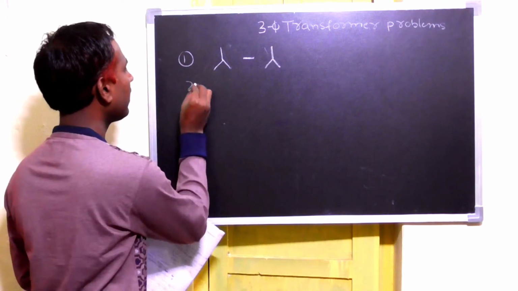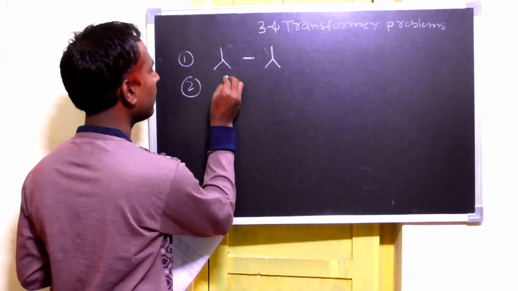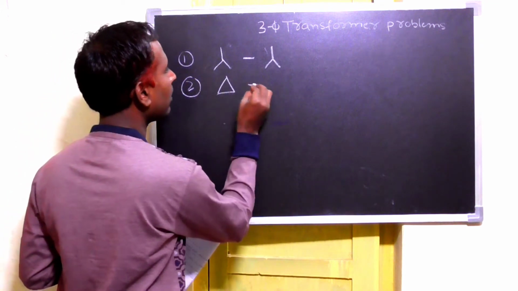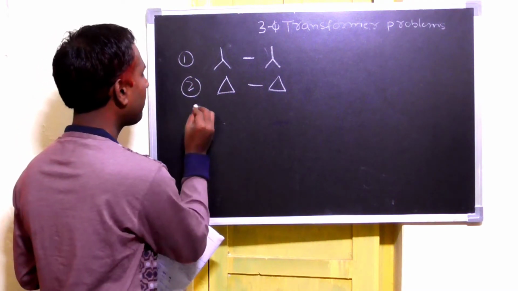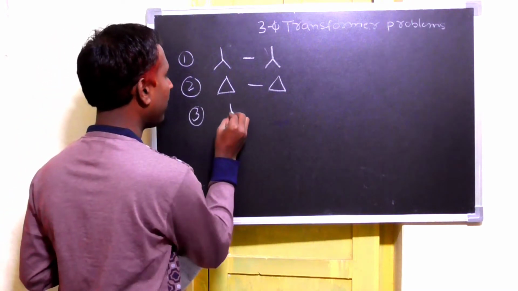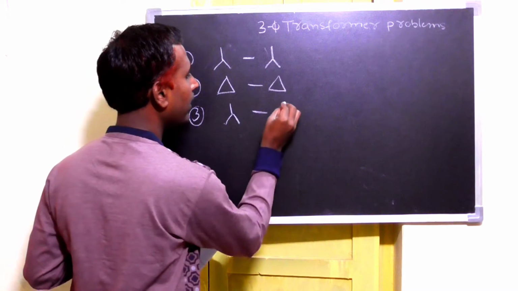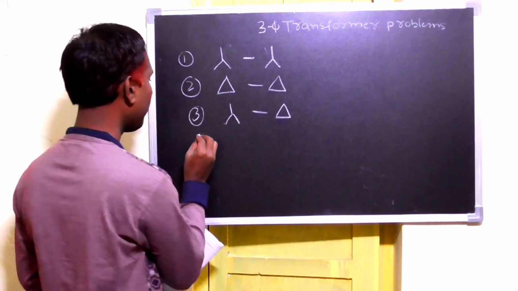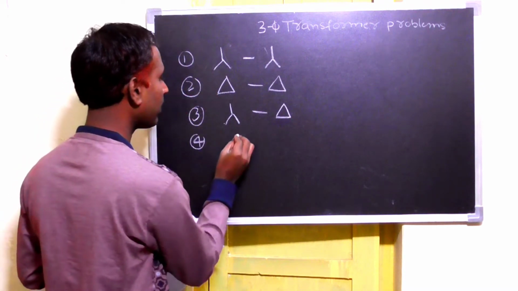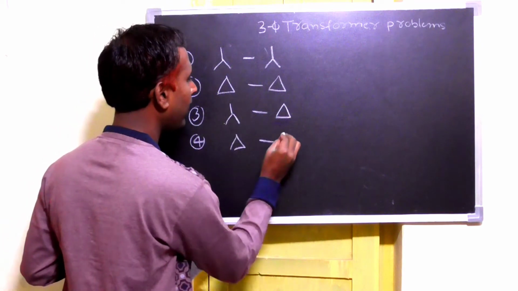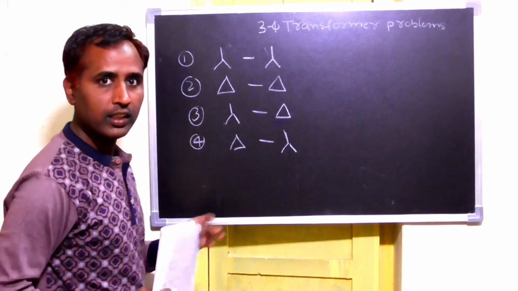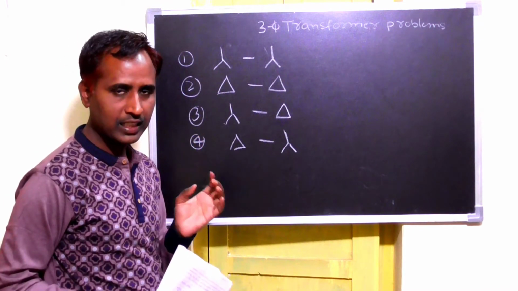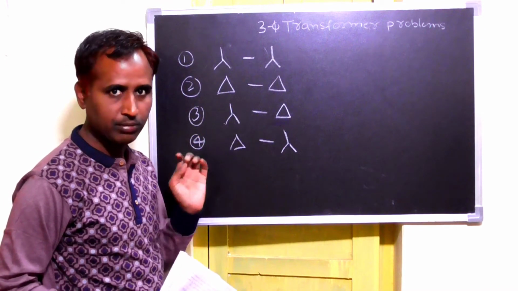The second is primary delta and secondary also delta. The third is primary star and secondary delta. The fourth is primary delta and secondary star. These are the four types of connections in the three-phase transformer.